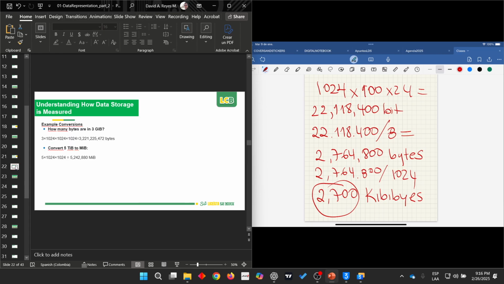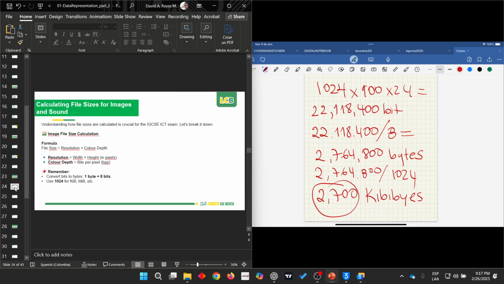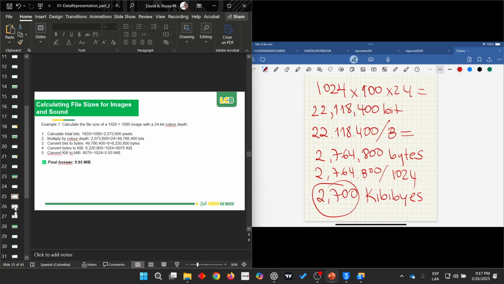We are here. Let's continue here. This is just an example, the same that I already explained using my digital notebook. And here we have more examples about how to do this.